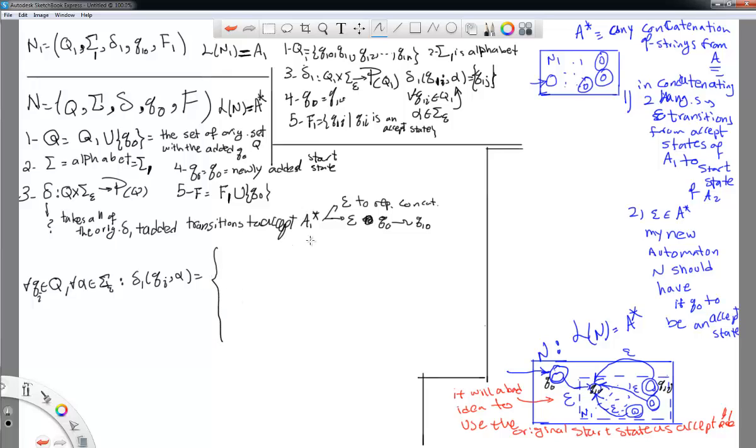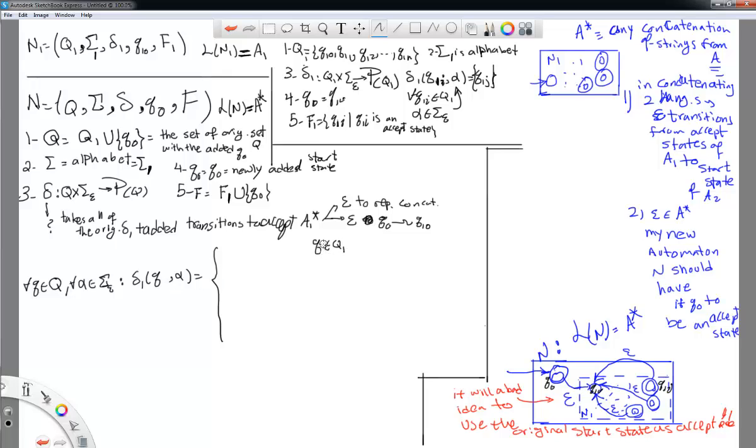And these different kinds of transitions are effectively these. If q is a member of Q sub 1. Actually, let's take the subscript out because that's going to add to confusion. I'm talking about each q.